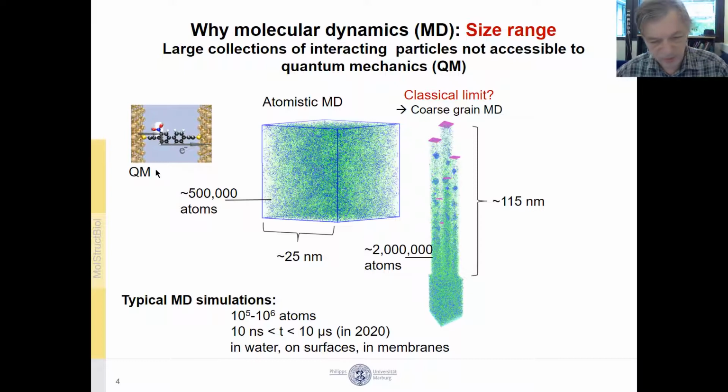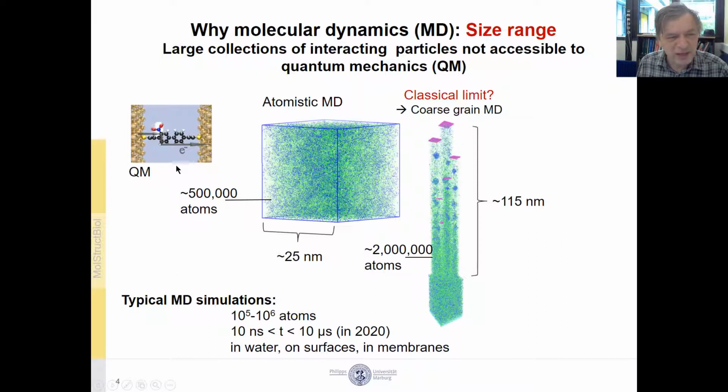You can simulate or predict spectra by quantum calculations. You can make calculations on electron transfer and get the electron transfer rates out of that, for example, when you are in a solid phase.